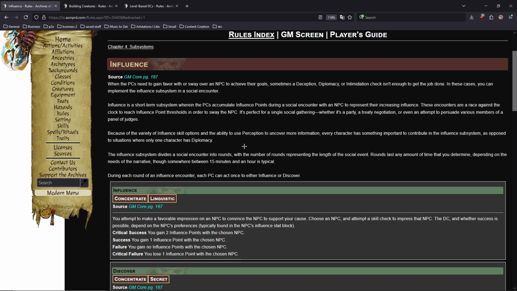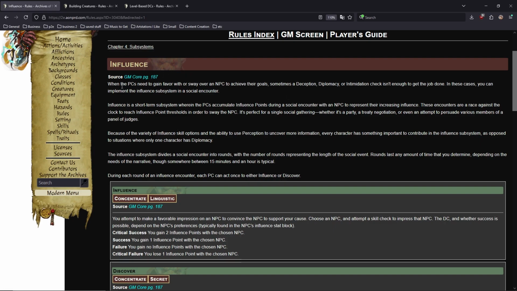It works very similarly to the research subsystem, if you saw my video on that, with tiers of information that you can gain, or tiers of success in this case, that you can unlock. And let me go over the rules real quick for you here.